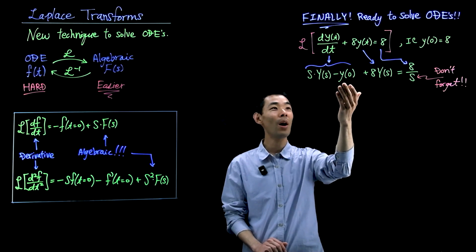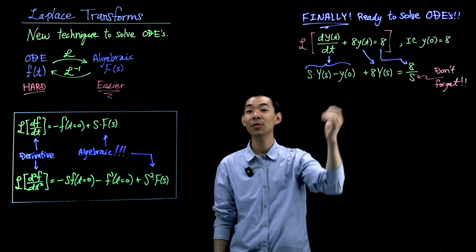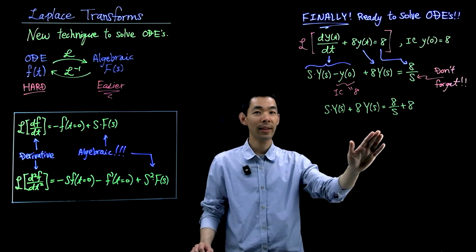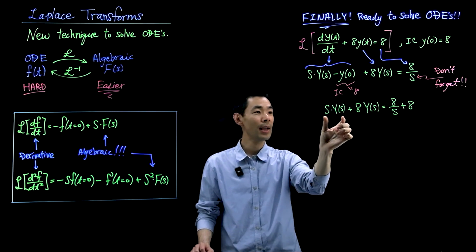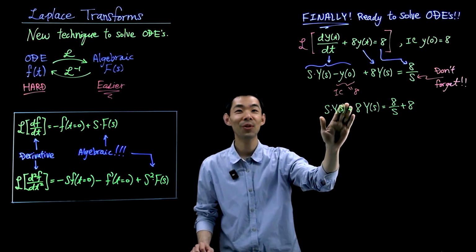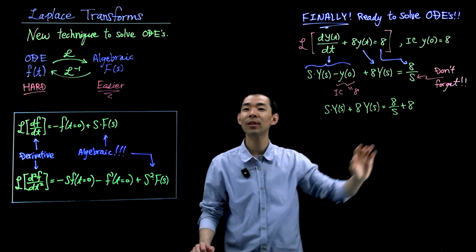So we already know that y at initial time t equals 0 is just equal to 8. So we can just insert the initial condition right here while we're solving the procedure. Just like that. So we just brought down s times capital Y, 8 times capital Y. I brought the initial condition, substituted it equal to 8 because that's a condition that was given to us, brought it over to the right-hand side.